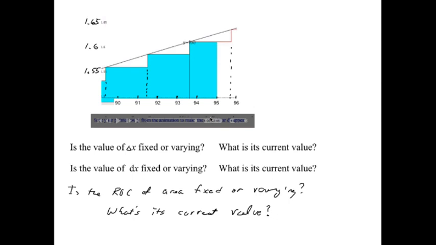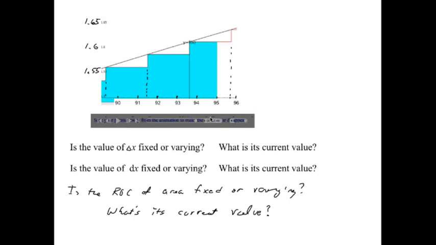You see that it's 1.3 from about 93.7 to about 95. I've paused it, and so right now it's at 1.3. But dx is varying as x increases, from 0 to 2.2 in every interval. It takes on all the values in between.